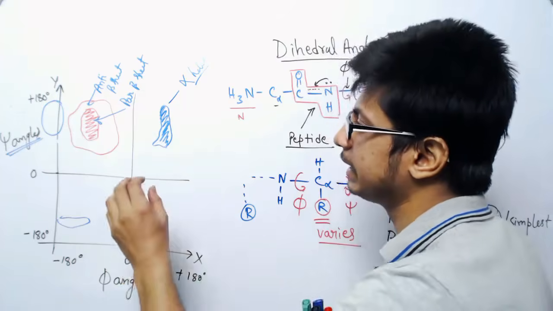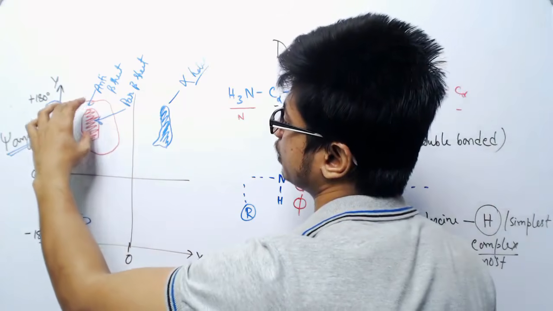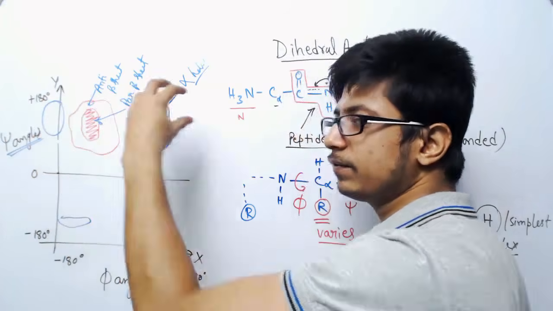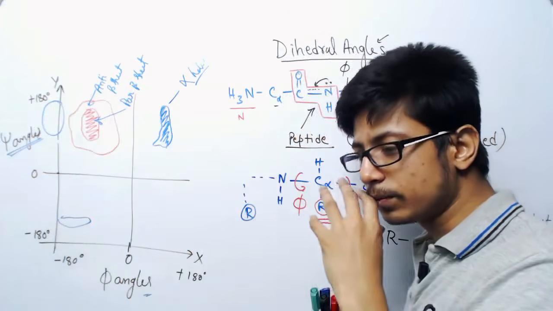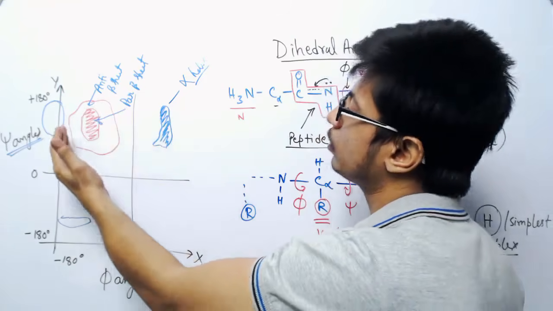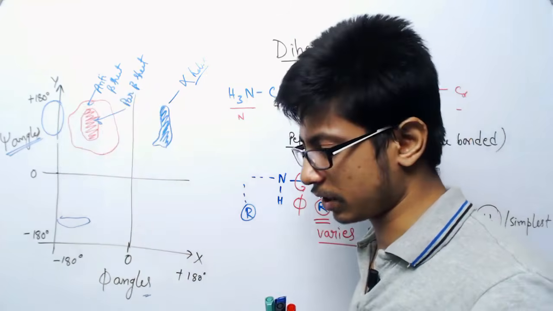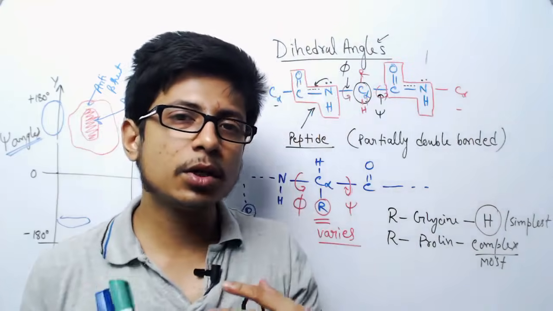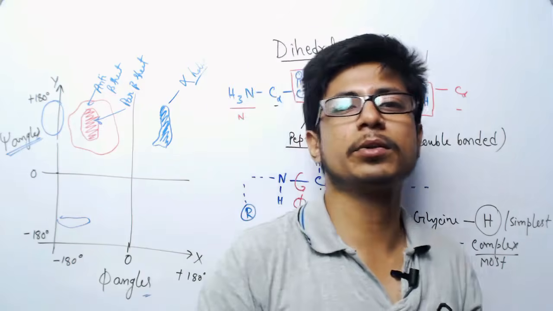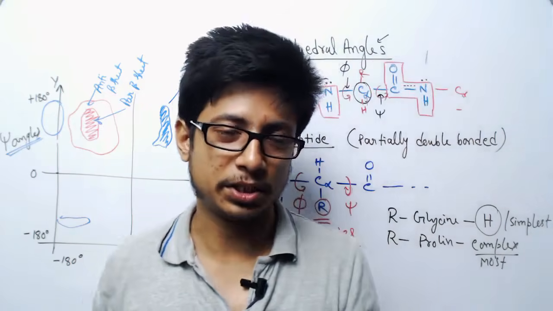So if for becoming a beta sheet you need to have the phi and psi angle ratio like this, and it has a different phi and psi angle ratio, that amino acid structure will not try to form a beta sheet. It will go on to form another type of secondary structure, because it depends on whether the protein is going to form an alpha helix or a beta sheet.